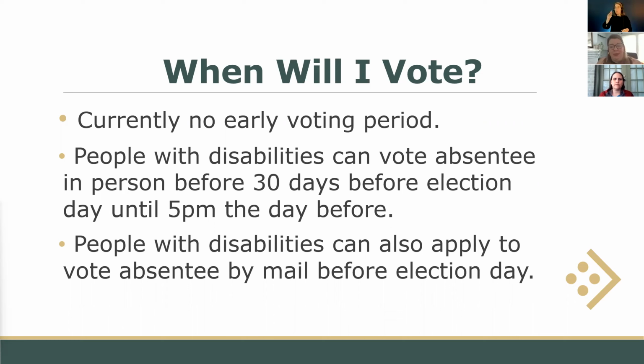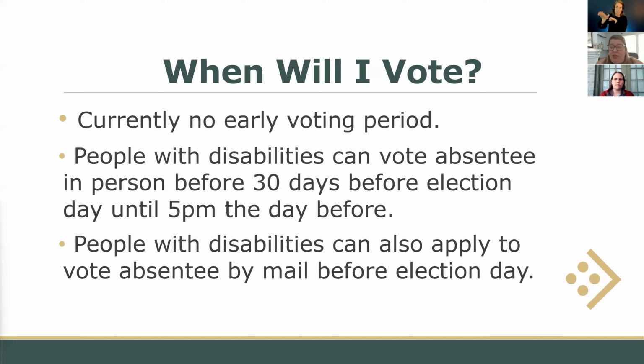However, if you're a person with a disability, you can vote absentee in person 30 days before the election day up until 5 p.m. the day before. And that takes place at your county election office. So you can apply to vote absentee. There's an application process, which we'll talk about when we talk about by mail voting in a little bit more depth.